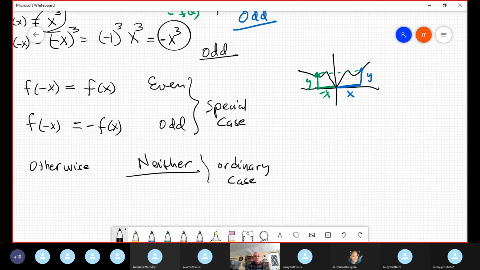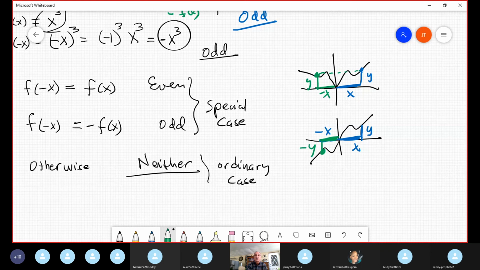Okay, however, if it's odd, it's a different situation. Suppose you have that situation. When you try to evaluate x, you get one value of y. When you evaluate minus x, let me use green color, minus x, you have exactly the same, but minus y, in the opposite direction.